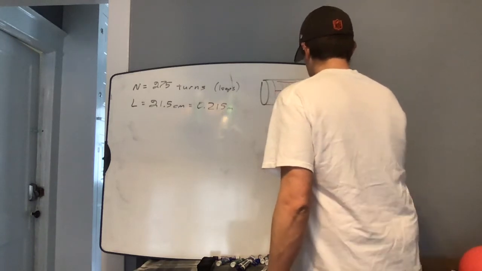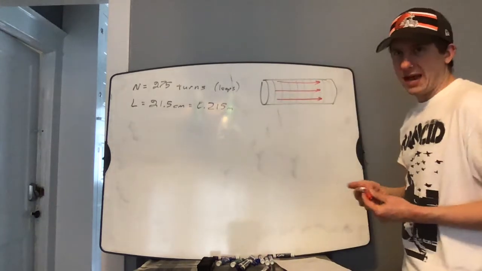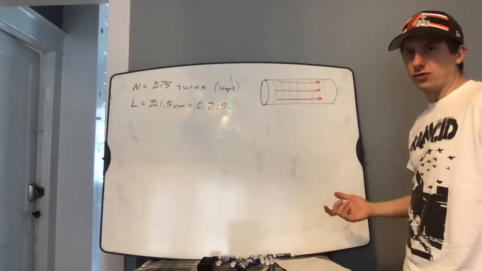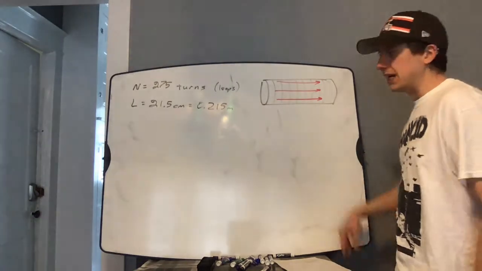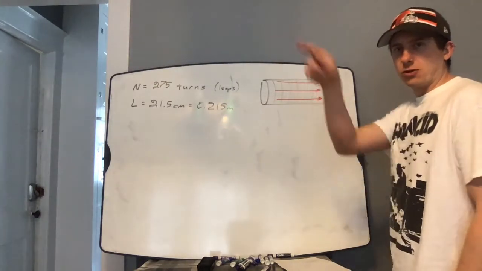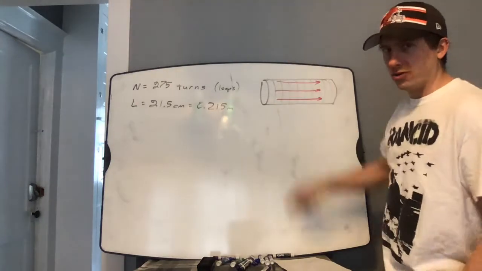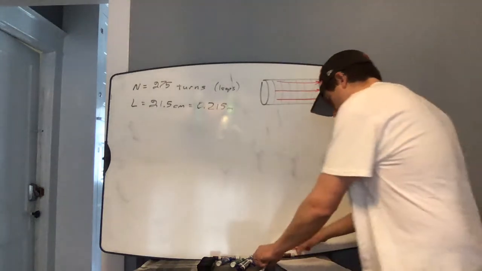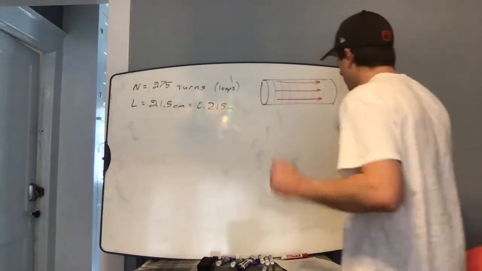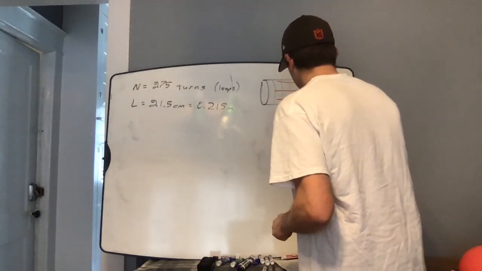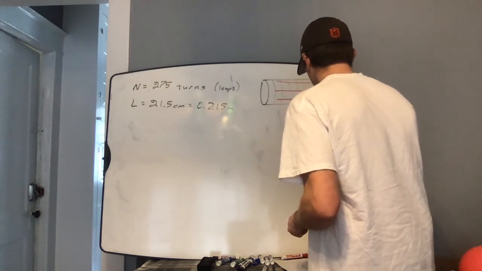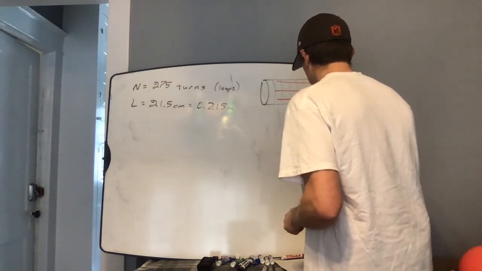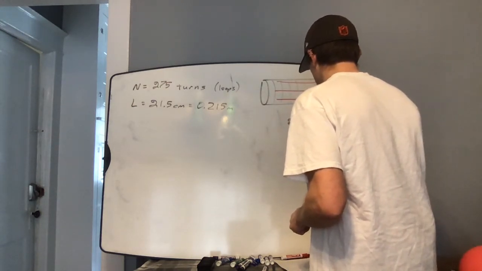For the context of this problem, it doesn't really matter if I choose the magnetic field flowing to the left or to the right. It just means the current is either going one way or the other way. It doesn't really change anything about this problem. So in total, we have 275 loops in 21.5 centimeters.